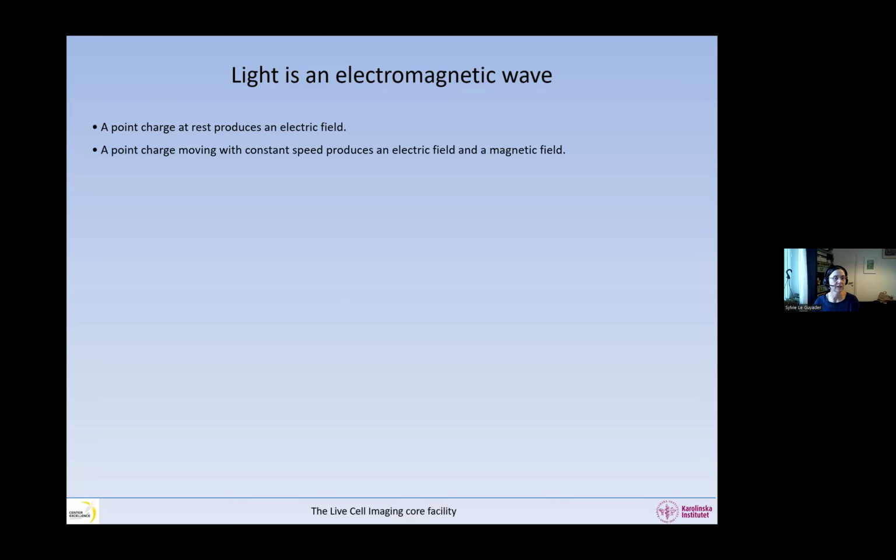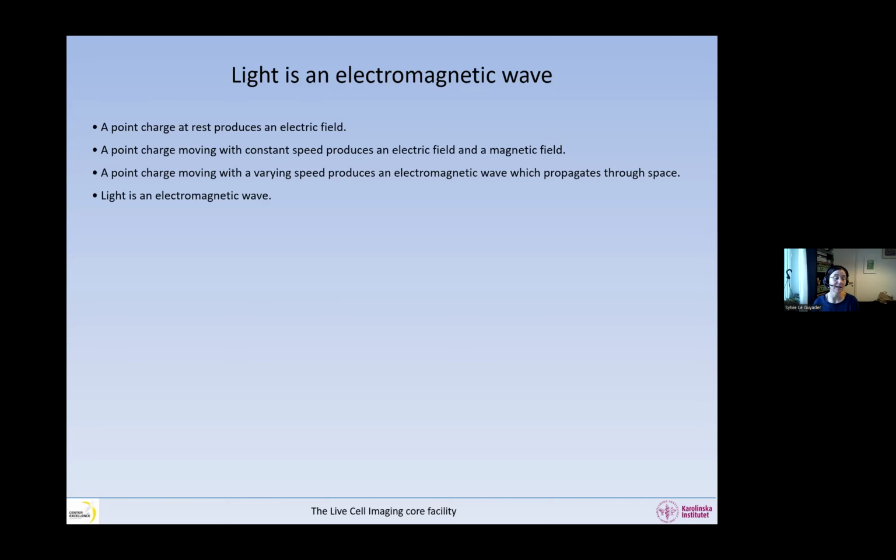If the charge moves, it produces still the electric field, but it also produces a magnetic field around itself. But now, if the charge moves with varying speed, which means it accelerates and decelerates, the electric field and the magnetic field become coupled. And they produce an electromagnetic wave which propagates through space. This is what the electromagnetic wave is.